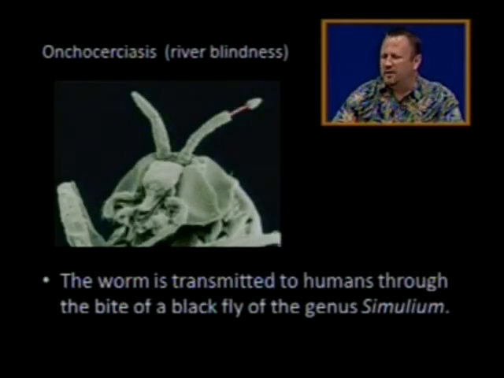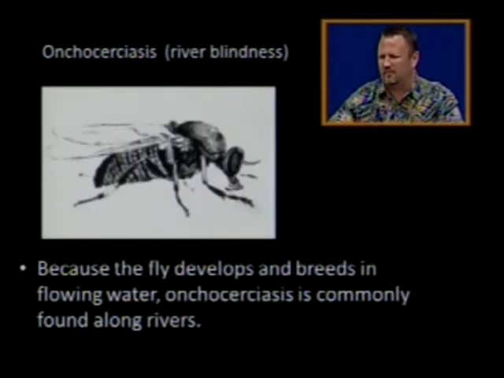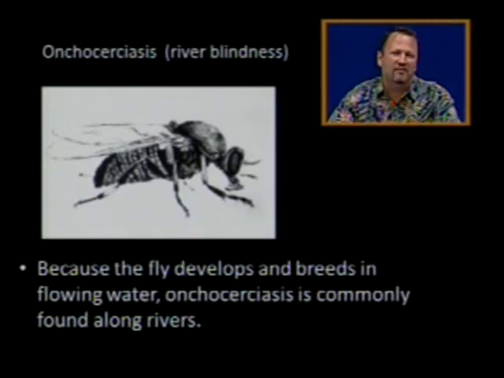The worm is transmitted to humans through the bite of a black fly of the genus Simulium. Because the fly develops and breeds in flowing water, onchocerciasis is commonly found along rivers.